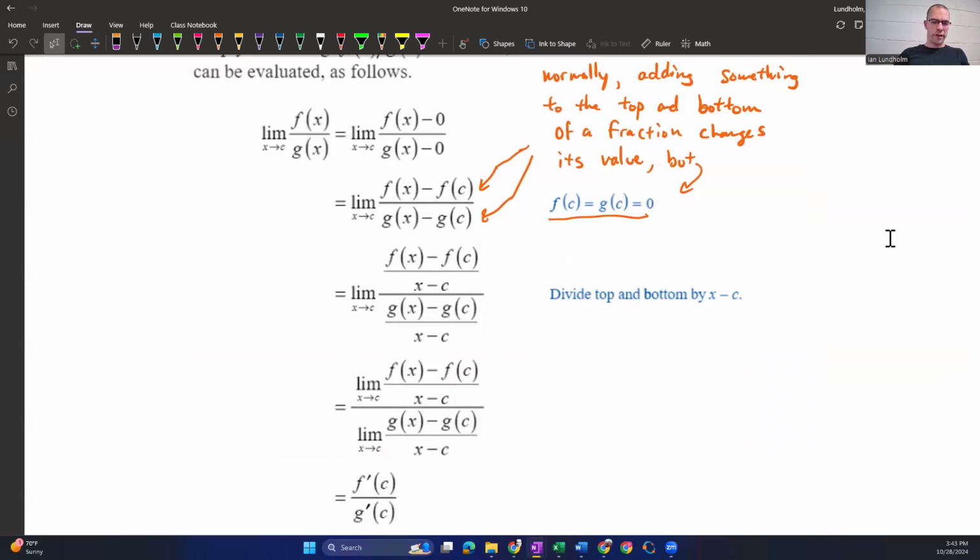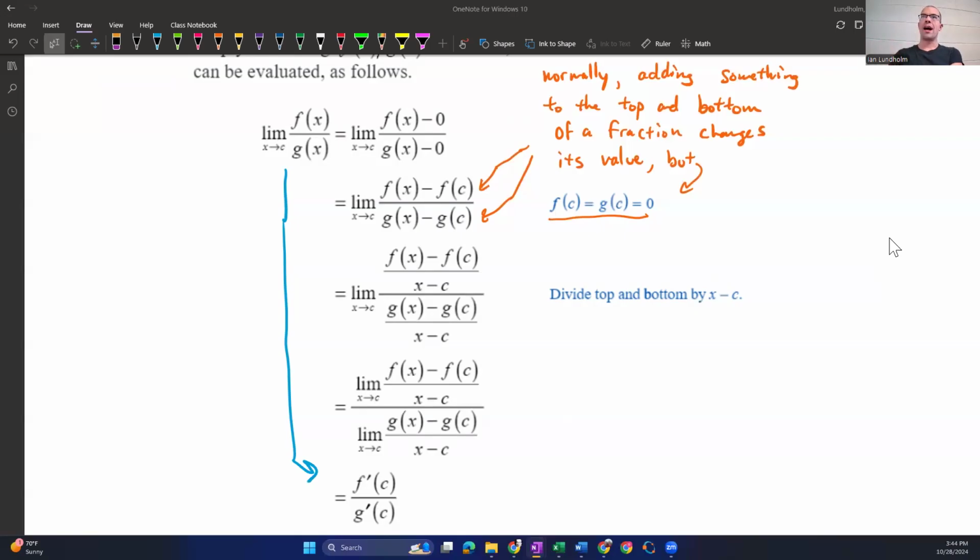What this long string of equations says is that the limit of f of x over g of x ends up being the limit of the ratio of the derivatives of f and g, which is kind of surprising. But it's a cool result, and the geometry of it is explained in that video.